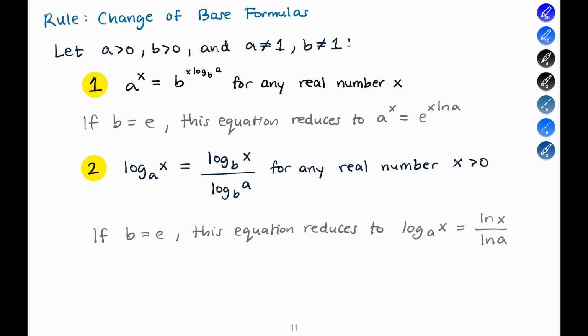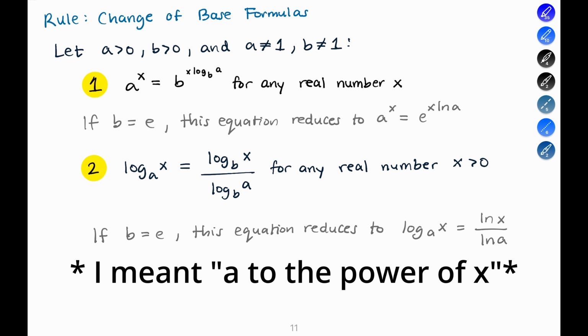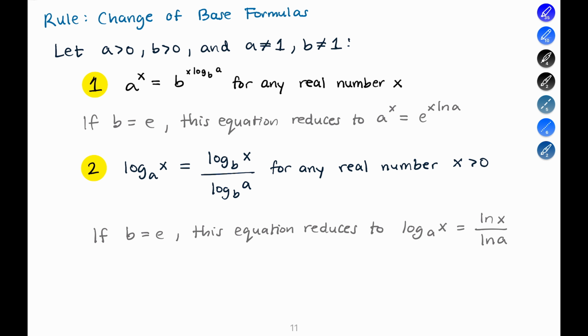Now let's look at change of base formulas. So let's first look at this example right over here. It says let a and b both be greater than 0 and let them both not equal 1. So if that is the case, then a to the power of x is going to be equal to b to the power of x times log base b of a.